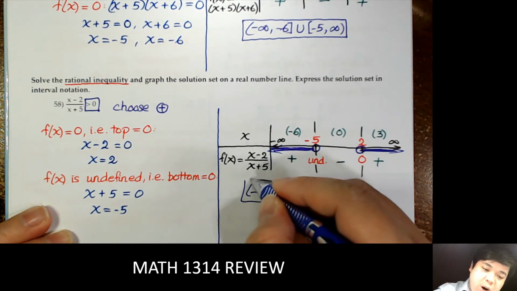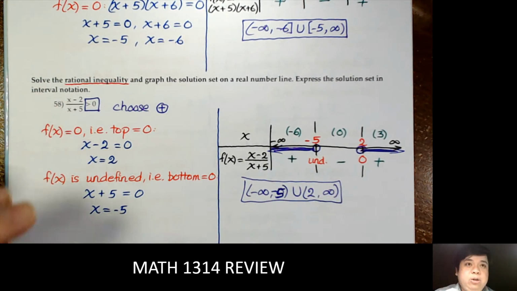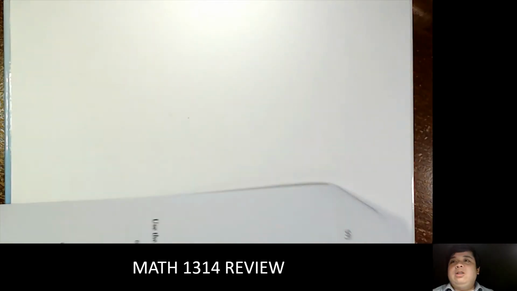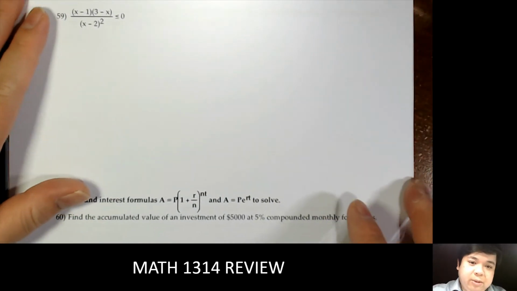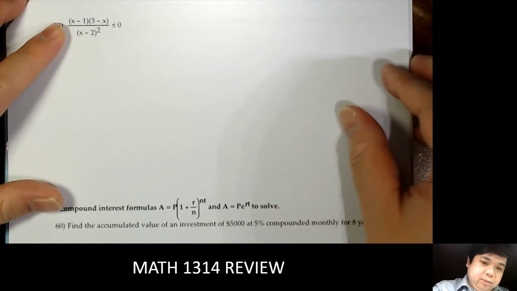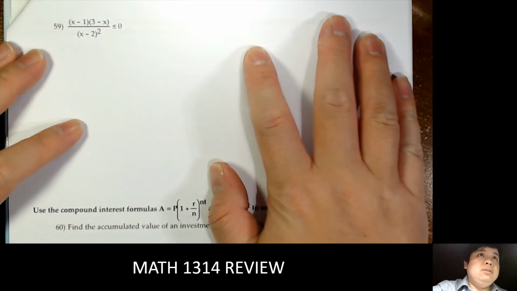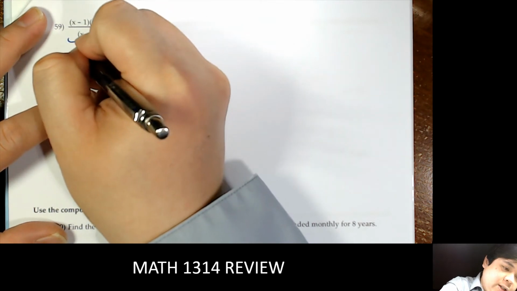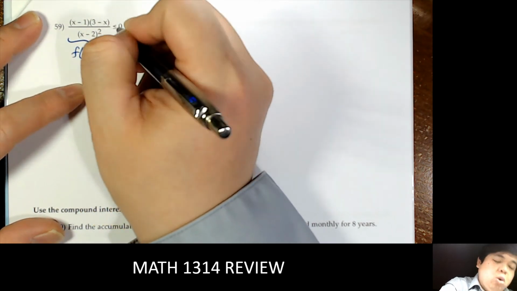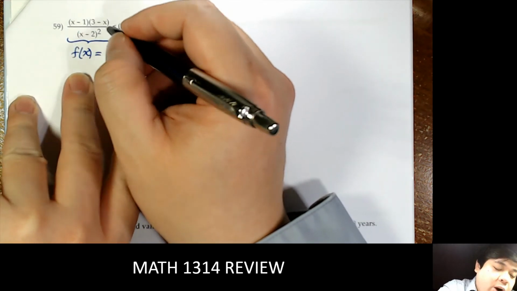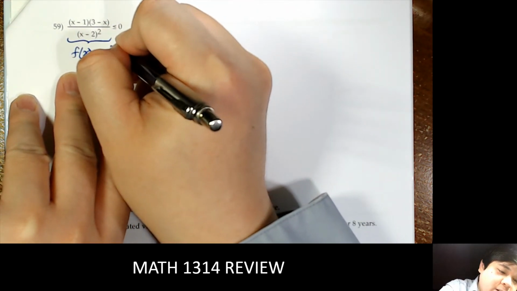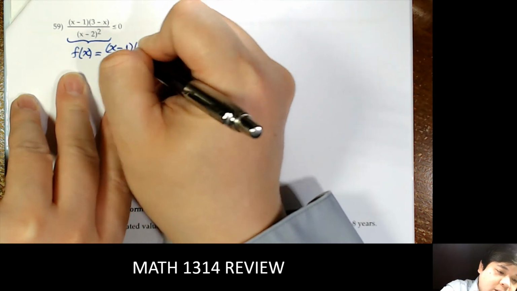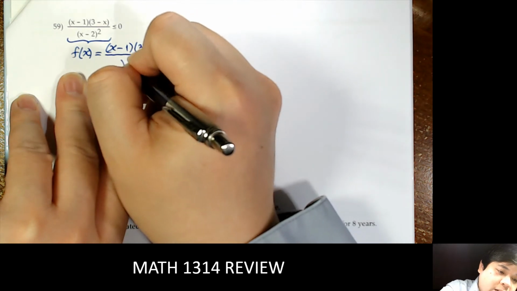So for rational inequality, we need to find where the function equal to 0, the top 0, where the function is undefined, the bottom equal to 0. Now, same thing here. Right, first we have the function. As always, we need to have 0 on the right hand side. X minus 1, 3 minus x over x minus 2 squared.